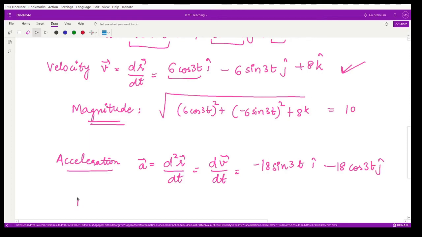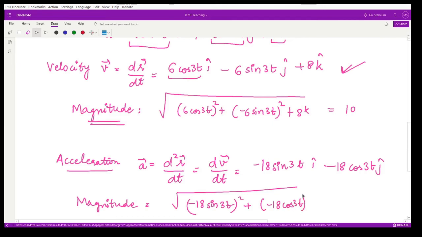So this is the acceleration, and what is its magnitude? That is simply the square root of minus 18 sine 3t whole square plus minus 18 cos 3t whole square. So this comes out to be equal to 18. So this is your answer.